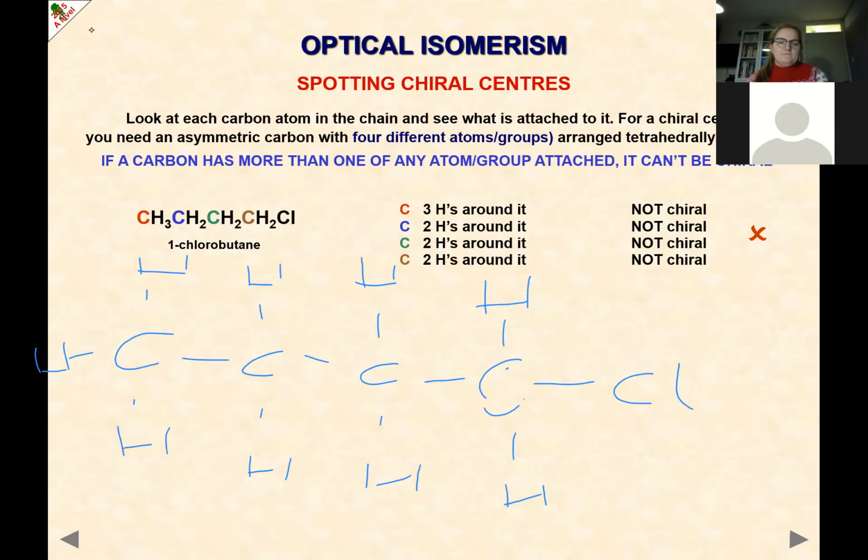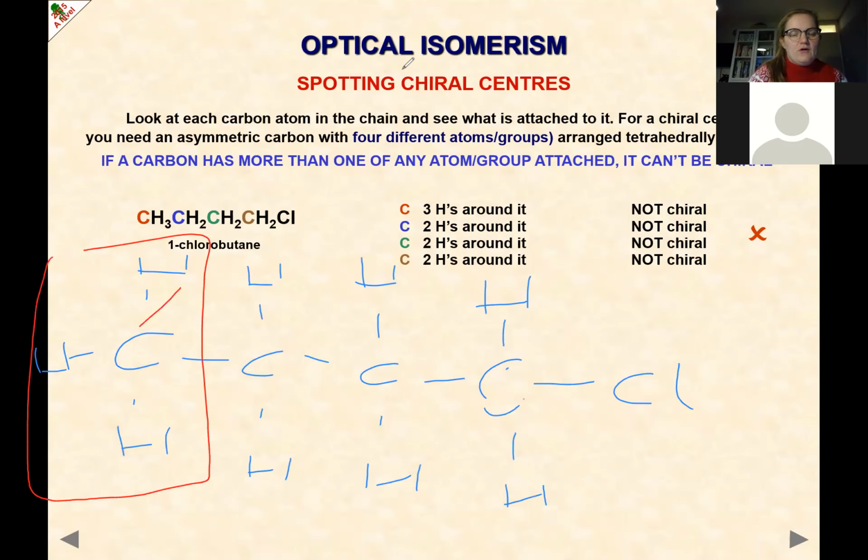If we look here, there are no carbons with 4 different groups. If we look at this carbon, we've got one different group, but then we've got a hydrogen, so it can't be that one. If we look on either side, it has identical groups on either side, so it can't be them. The first carbon's got 3 hydrogens around it, so it can't be chiral. The second carbon's got 2 hydrogens, so it can't be chiral. Same for the third and the fourth. So that one can't be chiral.